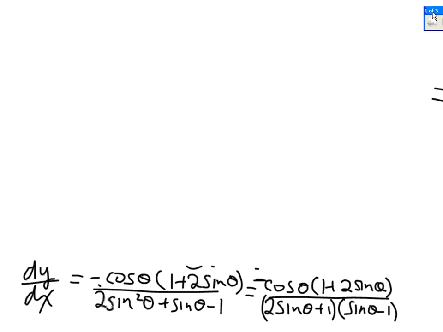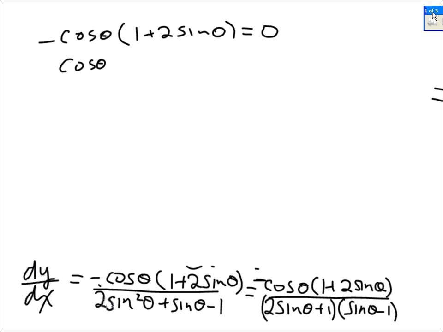There's a minus sign in the numerator. So where is negative cosine theta times 1 plus 2 sine theta equal to 0? Well, it's either when cosine theta is 0 or when 1 plus 2 sine theta is 0. That is when sine theta is negative one half.